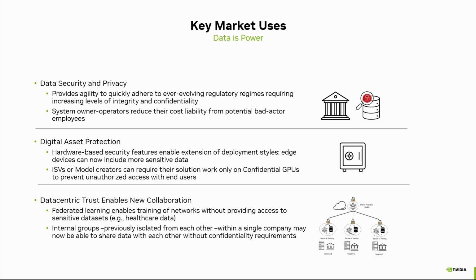The third one here is data-centric trust enables new collaboration. Now, things like federated learning is really kind of interesting, where you're able to take the ability of, let's say, many medical records, and again, with HIPAA restrictions on it, and be able to distribute the learning out such that you don't need to operate on or transfer any of the secure end user data.